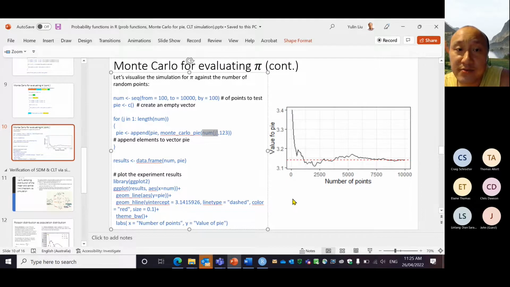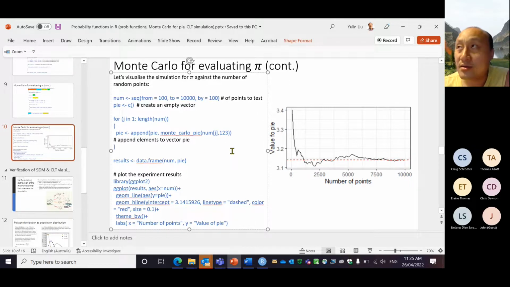In the first round of the for loop, num[1] refers to the first value in the sequence, that's 100. Then num[2] in the second round refers to the second value, 200. The last round of experiment will be num[100], that's the length of the sequence, and num[100] is 10,000.